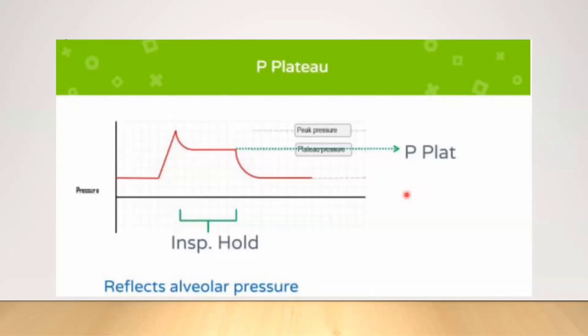It should be brought below 15, that is by decreasing the tidal volume by 1 ml per kg. That is its importance. Driving pressure you will get from P plateau. This is clear? Okay.